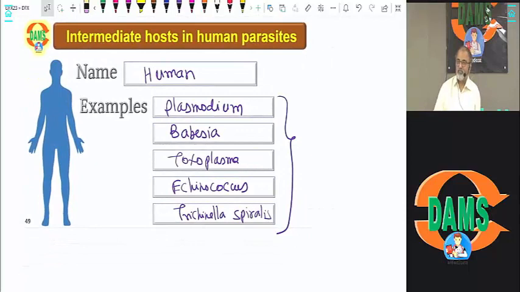Got it? So you should know all the intermediate hosts. What are all the intermediate hosts available? Fish, cattle, human, cyclops, crab, plant. Still something is pending. It's coming on the way.